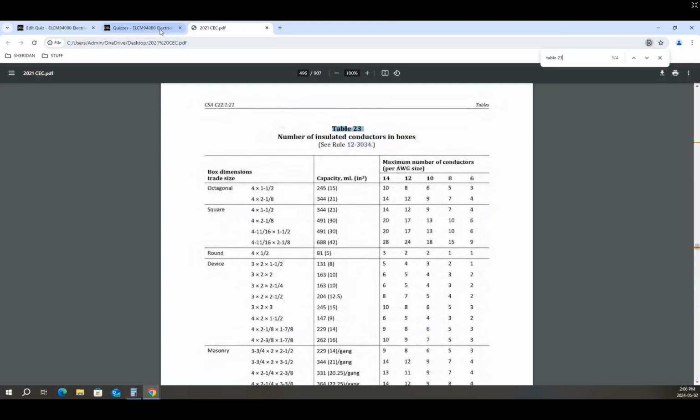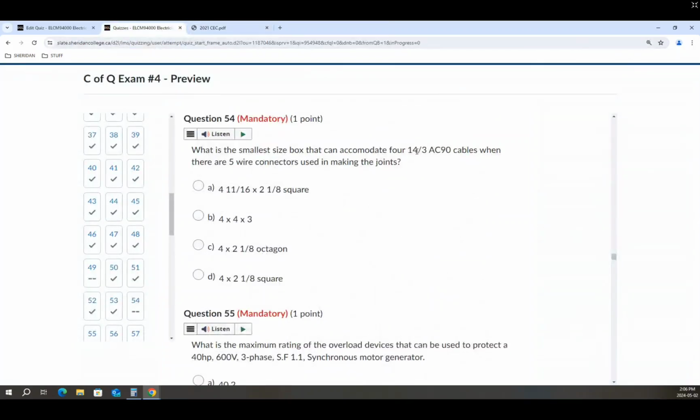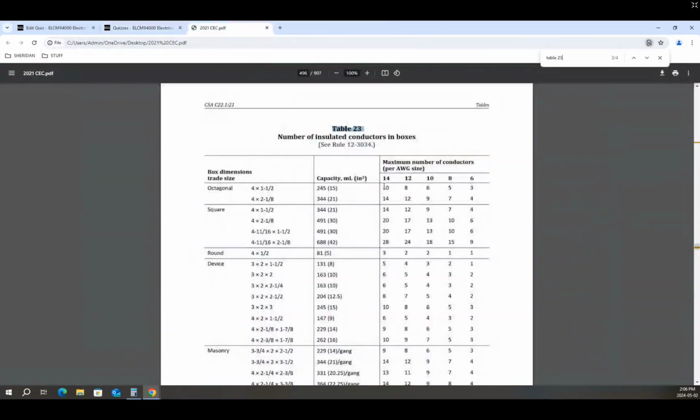So I've got 14 conductors, and it's number 14 gauge.